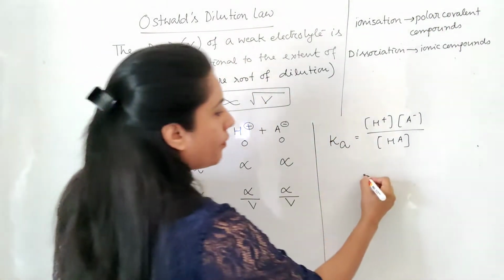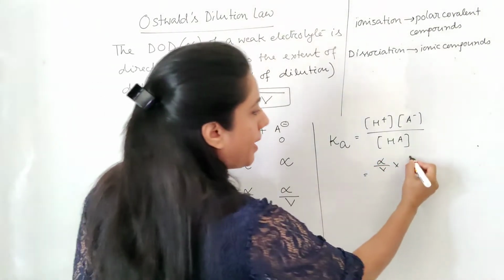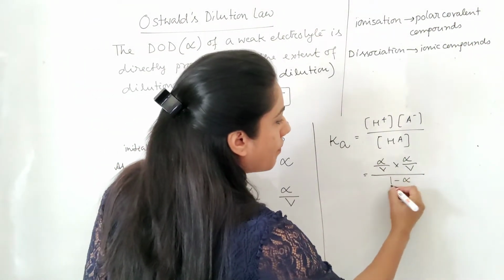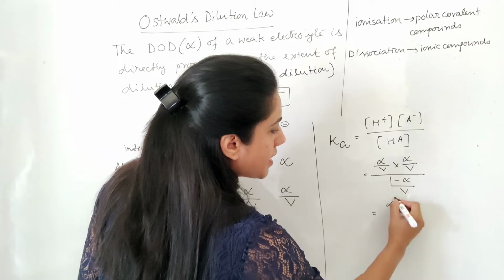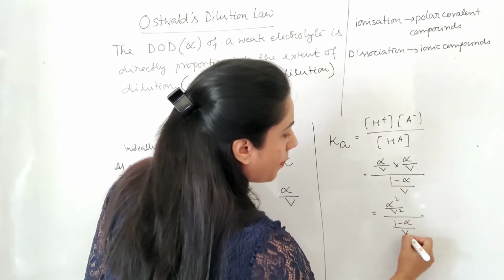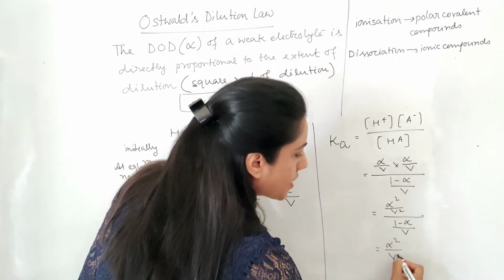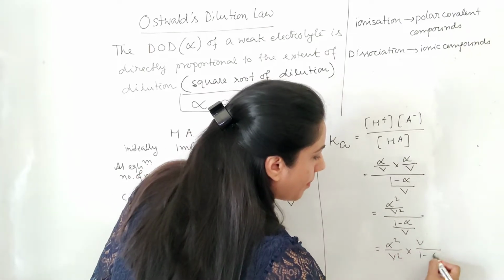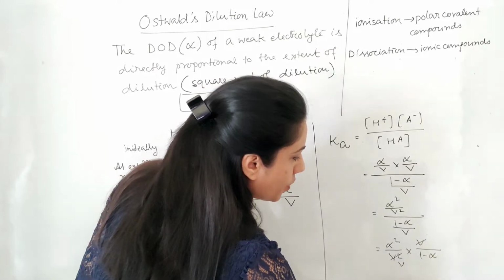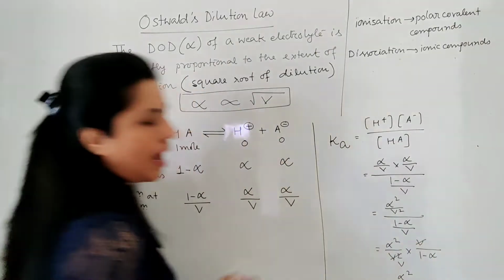H plus is alpha upon V, A minus is also alpha upon V, divided by 1 minus alpha upon V. So this comes to alpha square upon V square divided by 1 minus alpha upon V. V and V square will get cancelled, so you are getting alpha square divided by V into 1 minus alpha.